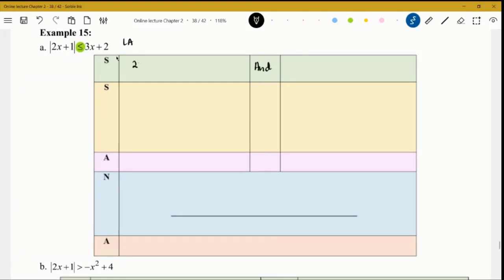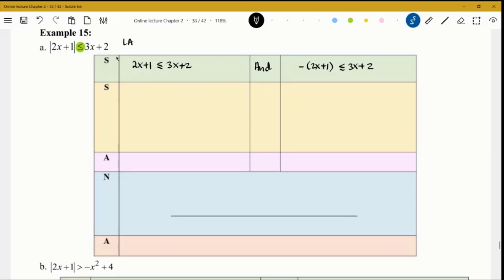Satu adalah positive 2x plus 1 less than equal 3x plus 2. Sign ni follow je. Second case adalah negative 2x plus 1 less than equal 3x plus 2. Konsep yang sama tadi, plus minus, but then kita tengah-tengah ni kita letak and. So sign inequalities kita follow saja daripada yang asal.